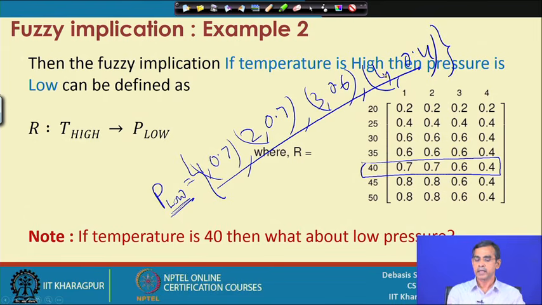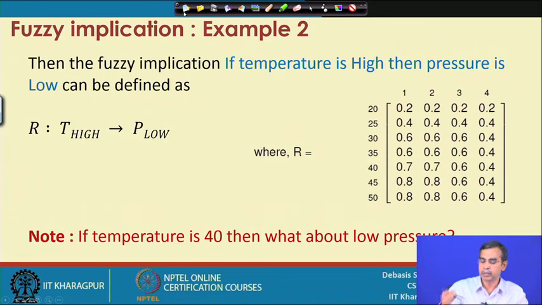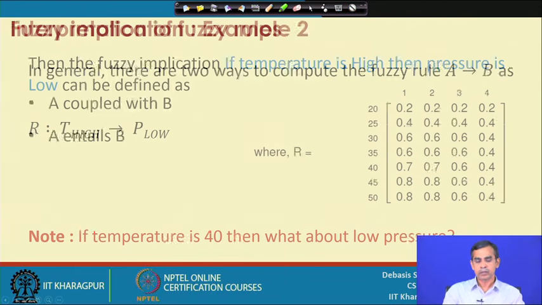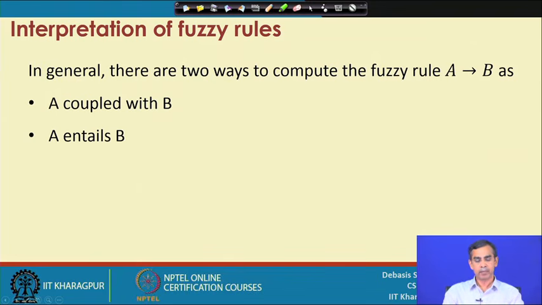This rule gives an answer about the pressure, that is, pressure as low for a given temperature. So, this is one implication or purpose of the fuzzy set that we will use in our fuzzy system development. These two examples can be helpful for us to understand how the fuzzy implication works. Now, what is the important concept here?